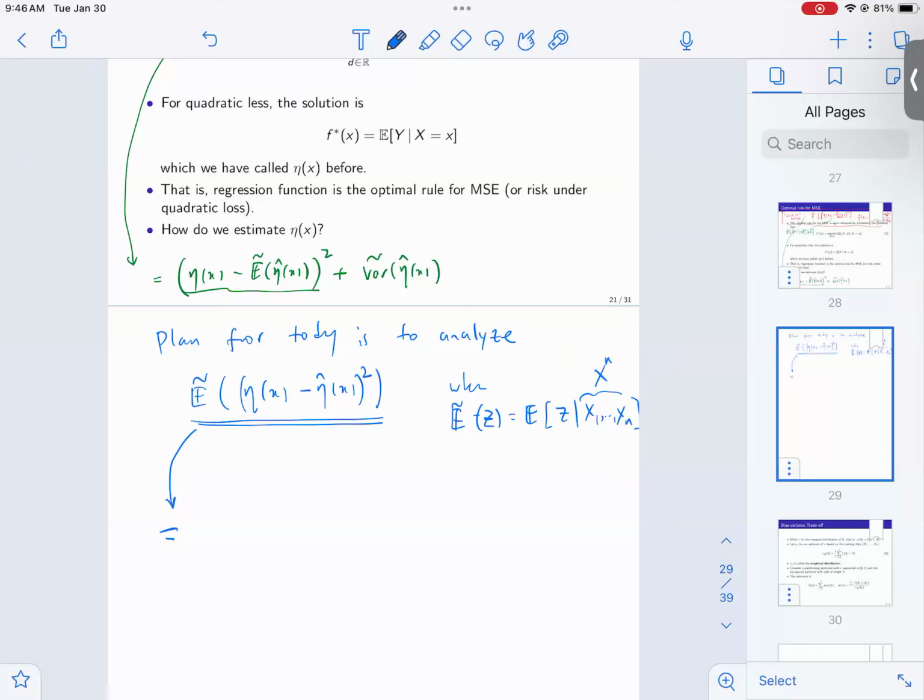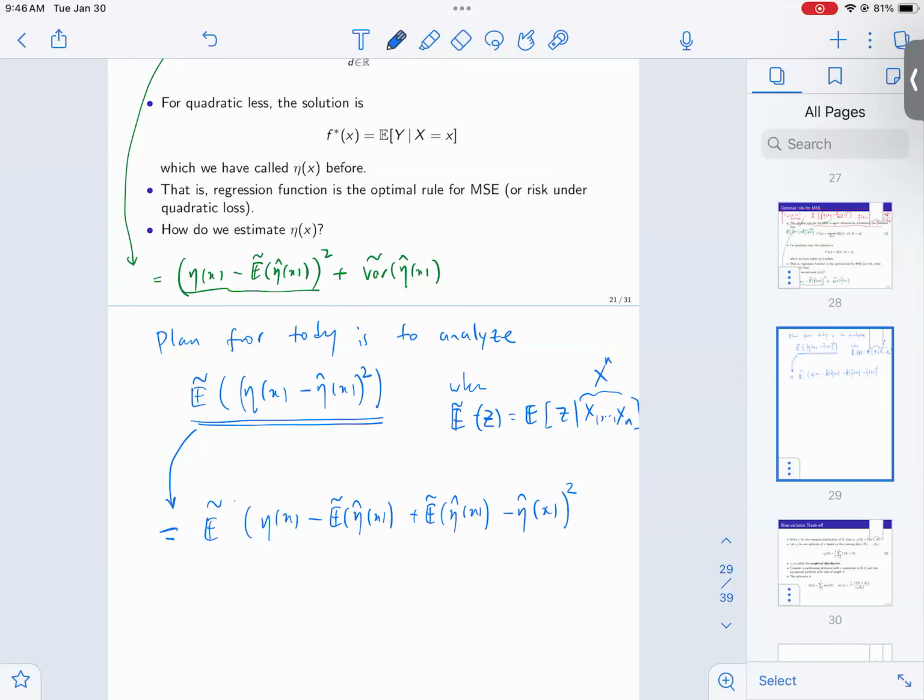The way to look at it is that you add and subtract the expectation of eta hat. This is the trick for the bias-variance decomposition. Eta hat is random, and it has an expectation, which is non-random. The entire thing is squared.